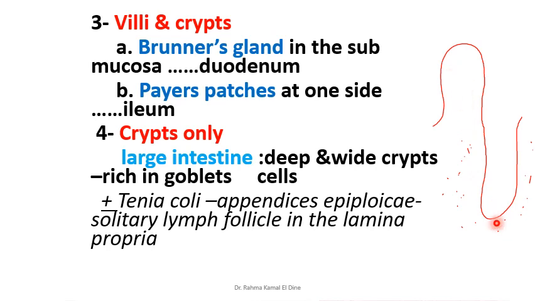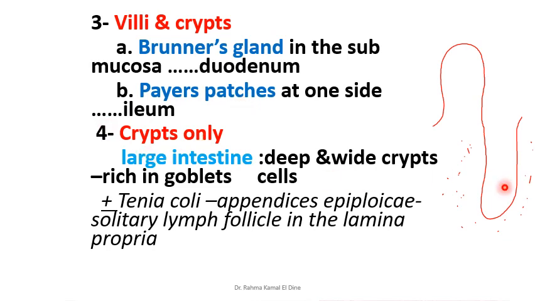If I can see villi and crypts, it is either duodenum or ileum. Okay, how do I know the duodenum? Between the villi and crypts and the muscle layer, there are mucus-secreting glands known as Brunner's glands. If we have on one side patches of lymph follicles, it is Peyer's patches, so it is ileum.